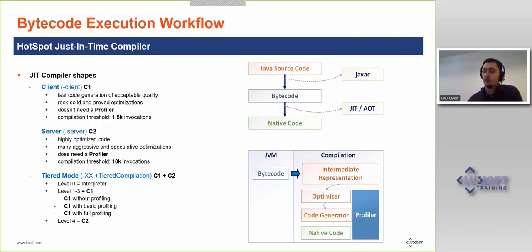It's the case for the J9 JVM, or for example, the last Android distribution was switched from just-in-time compilation to ahead-of-time compilation. Why? Because in the mobile world, I don't want to wait for a certain moment in order to have better performance during runtime.